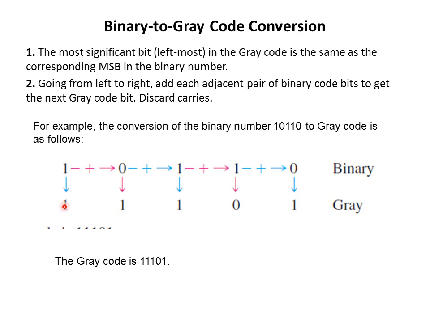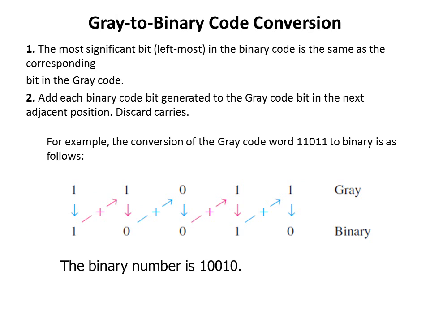The first bit is written as it is, and the next bit 0 is added to 1, which becomes 1. Then 0 is added to 1, and it becomes 1 again. Now 1 is added to 0, giving 1. Then 1 is added to 1, and the carry is discarded, so the value is 0. Then 1 is added to 0, it becomes 1. So if the binary code is 10110, then its Gray code will be 11101.